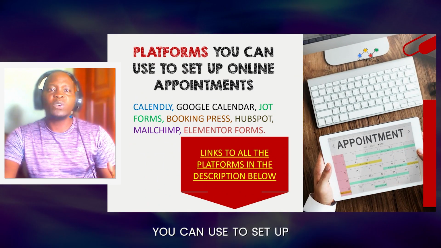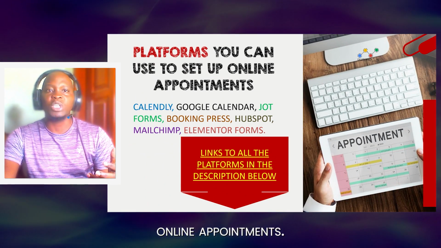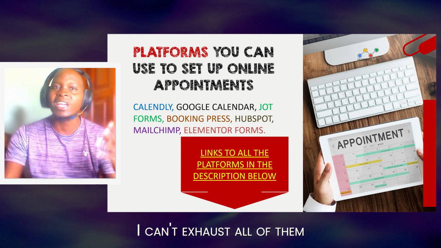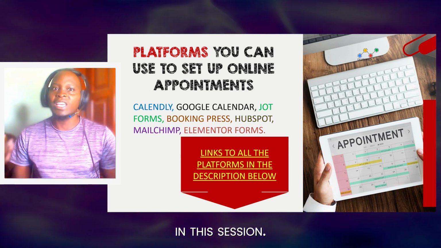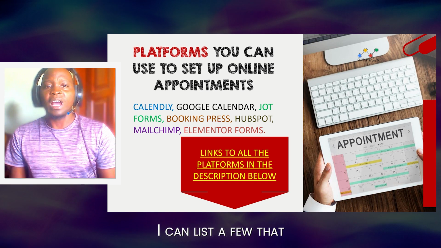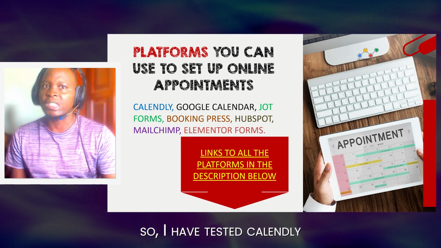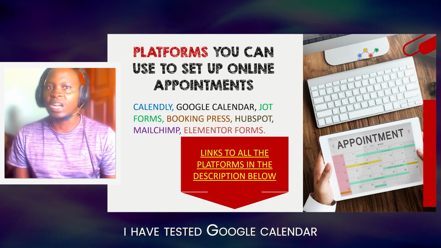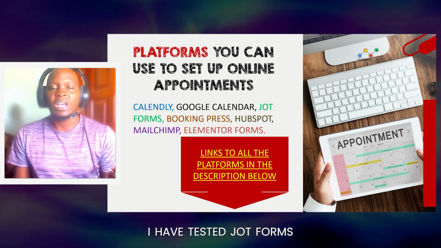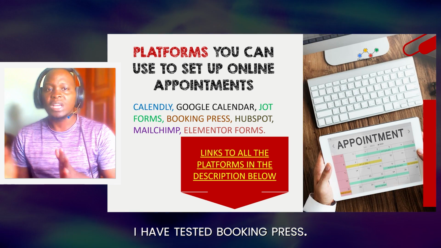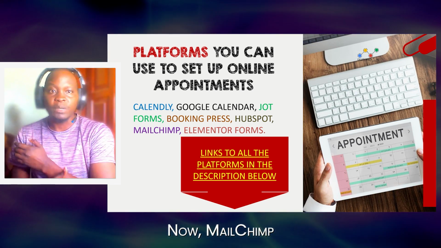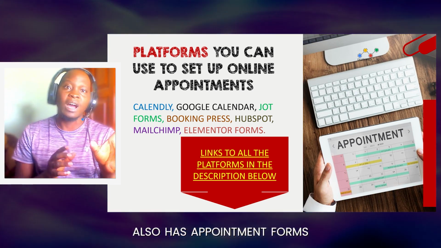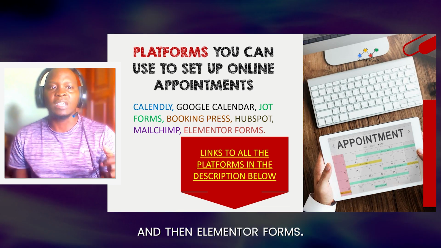Now, platforms you can use to set up online appointments, there are so many, I can't exhaust all of them in this session. However, I can list a few that I have tested. I have tested Calendly, Google Calendar, JotForms, BookingPress, HubSpot, MailChimp, which also has appointment forms, and then Elementor forms.